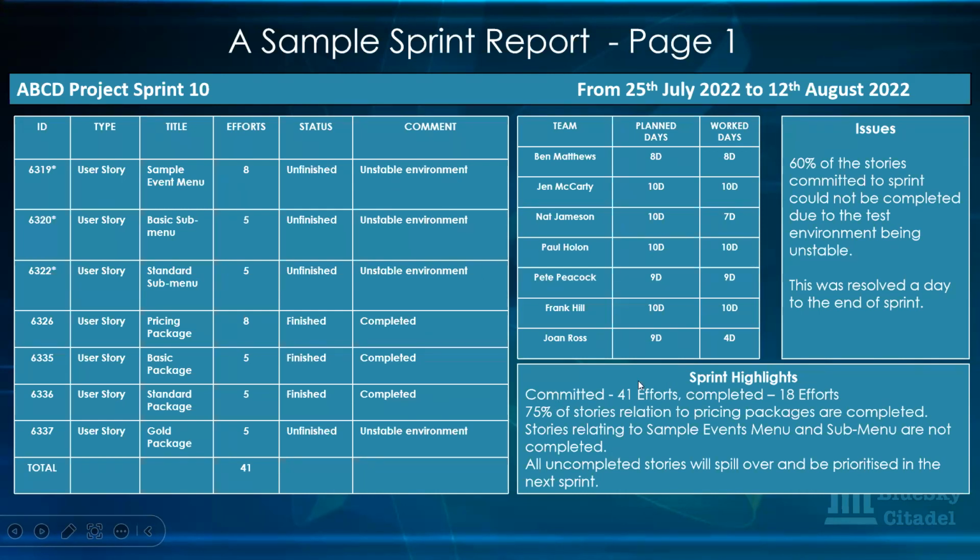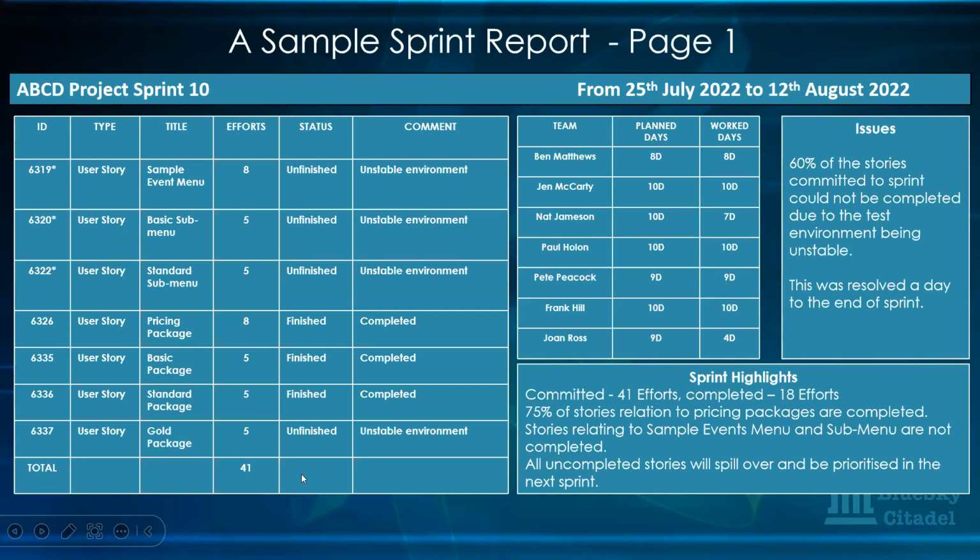Okay, and then at the bottom here, you could see the sprint highlight. It says total committed effort was 41. They completed 18 out of that 41. 75% of the stories relating to price packages were completed. You could see that everything that had to do with price packaging was complete.